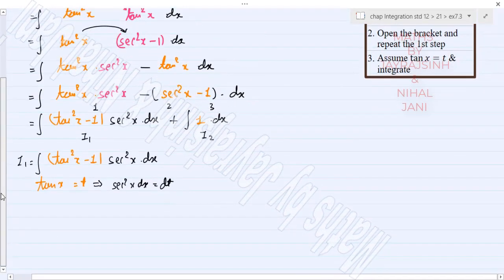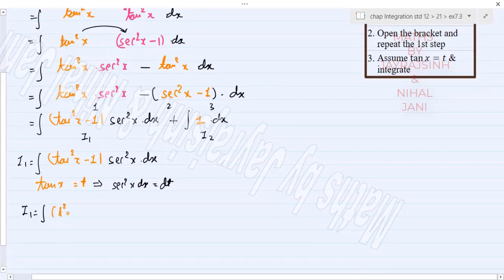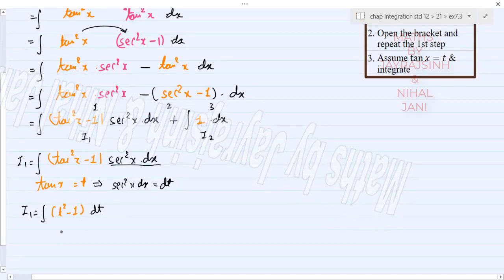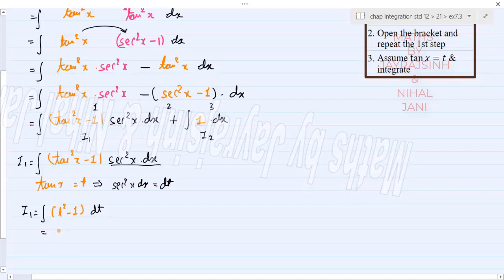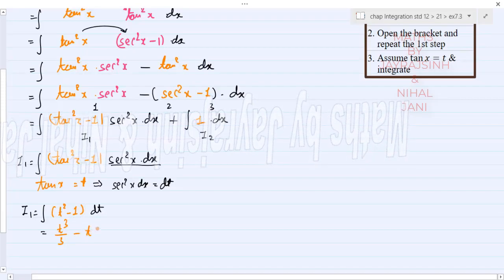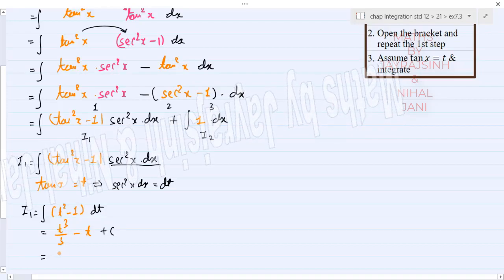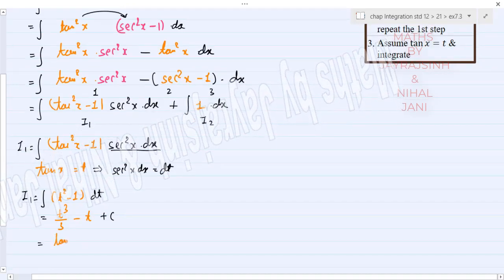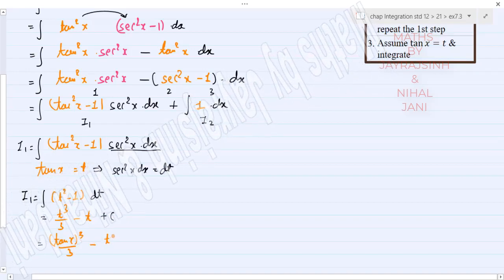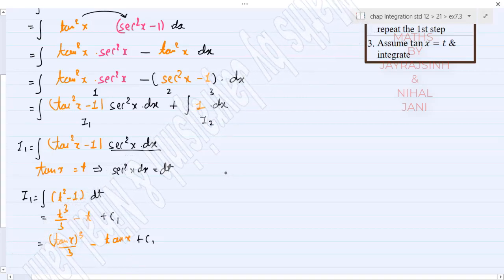So we are ready to modify our I1 as t square minus 1 and this sec square x dx will become your dt. So integration of t square will be t cubed by 3 minus integration of 1 will be t plus c. Just substitute the value of t, which is tan x: tan x whole cube by 3 minus tan x plus c1. Okay.